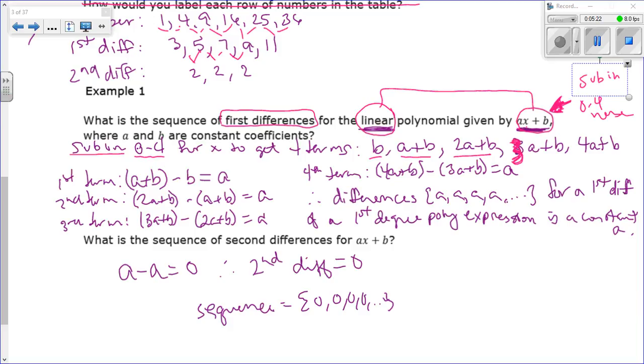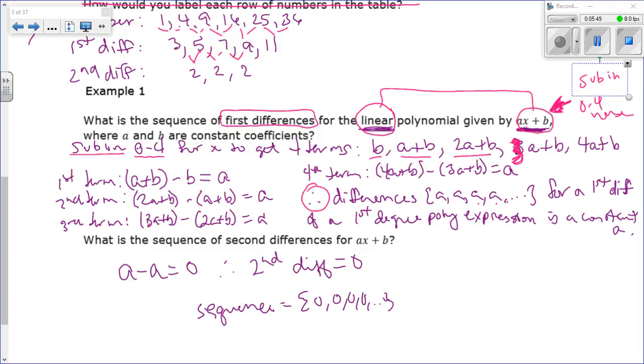And then I would do 3a plus b minus (2a plus b), and I get a. And then I do the fourth term, which is 4a plus b minus (3a plus b), and again I would get a. So therefore, that's what these three dots mean, the differences are a, and it would just keep on going. The first difference of a first degree polynomial expression is a constant a.